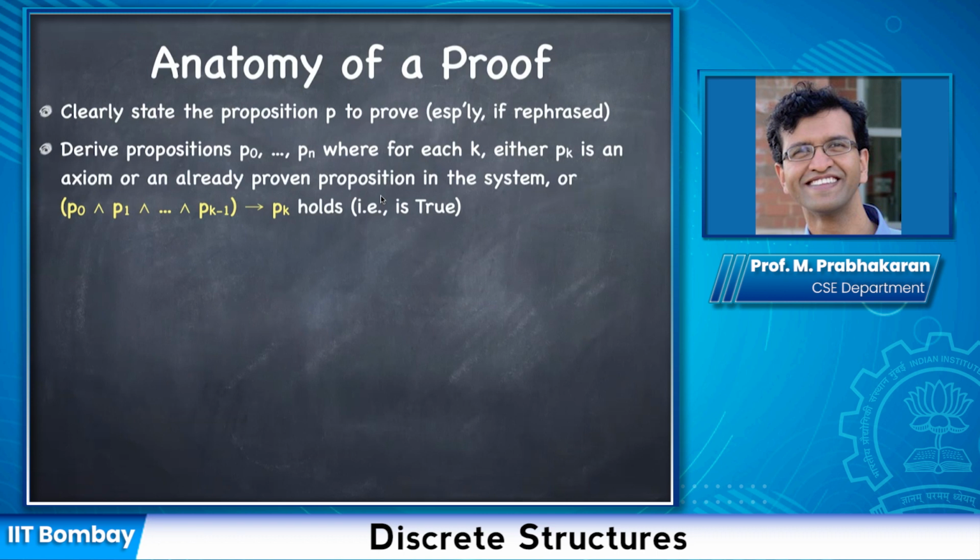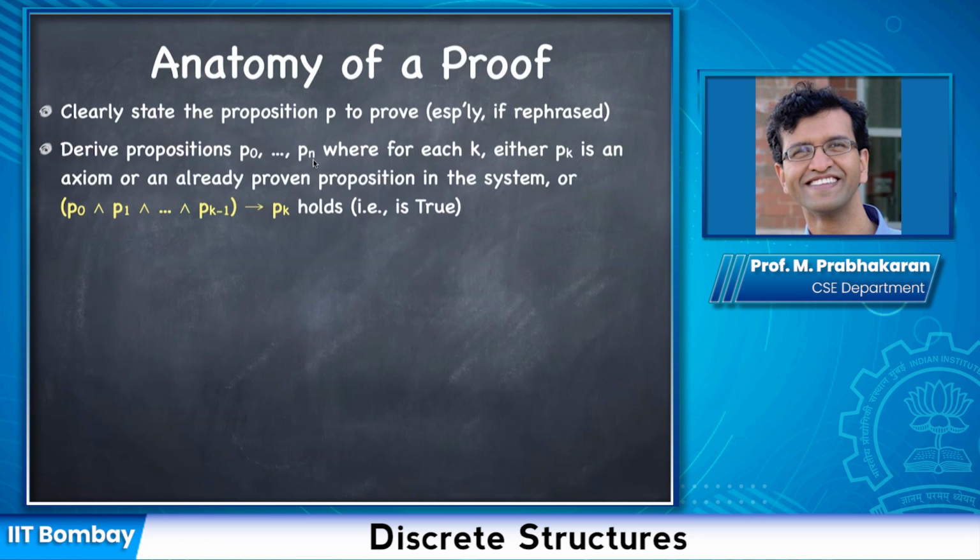So instead of copying their entire proof, you are allowed to refer to a proposition that is already proven and well known, let's say, or something you can cite. So you're allowed to do this also. You're allowed to put a proposition that already has a proof that is not part of the sequence P0, P1, Pn.